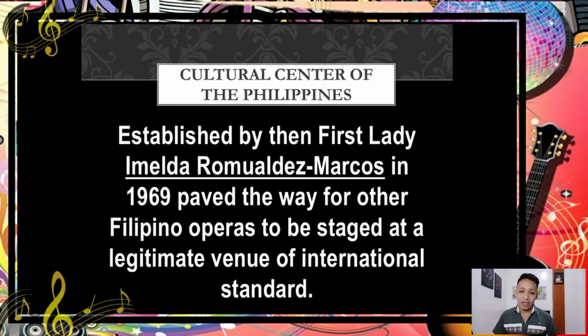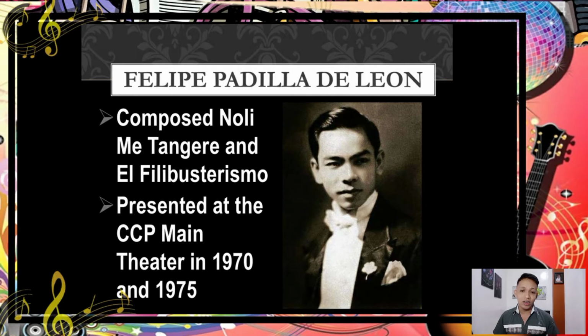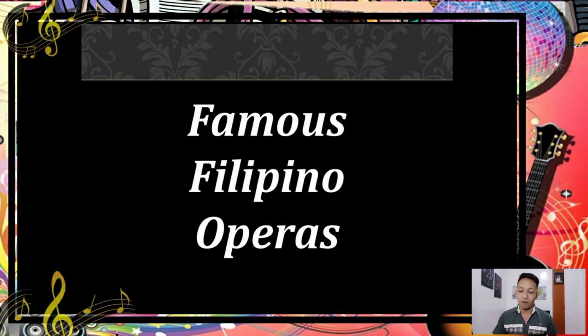And let us take a look at another composer named Felipe Padilla de Leon. He composed Noli Me Tangere and El Filibusterismo. He presented at the CCP Main Theater in 1970 and 1975. Aside from the famous Filipino opera composers, we also have the famous Filipino operas, which are their compositions.